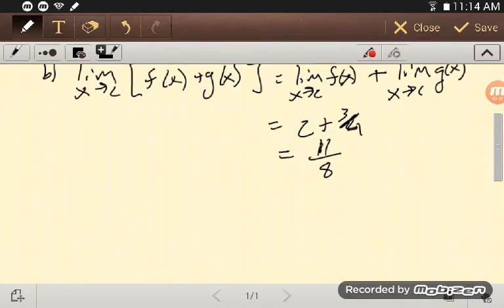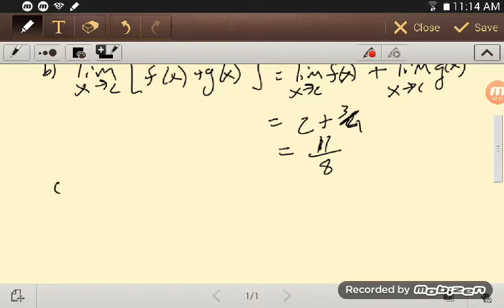C, we have f times g, the limit as x goes to c of f of x times g of x.